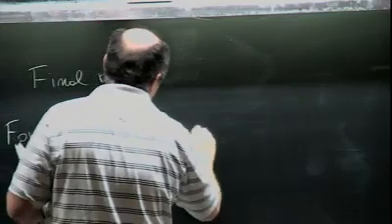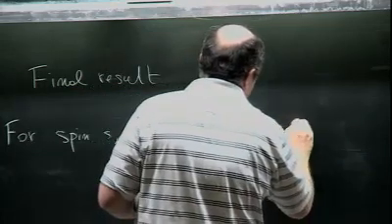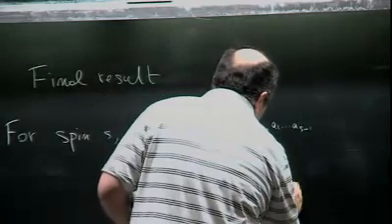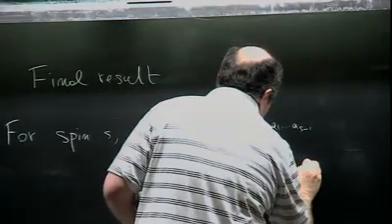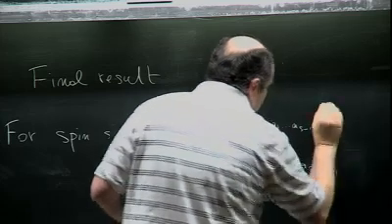I'll put it here. So for spin S, we need, well, we already said we need the spin S minus 1 vielbein, and then, well, you can guess that you first will need an object like that.